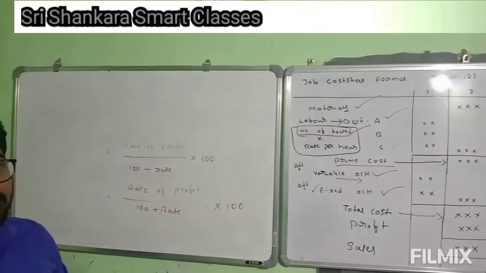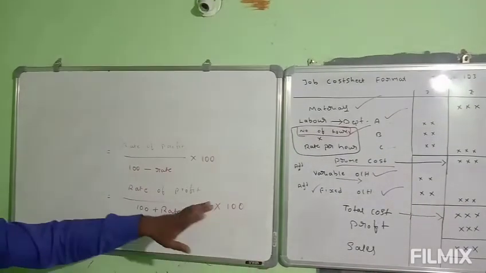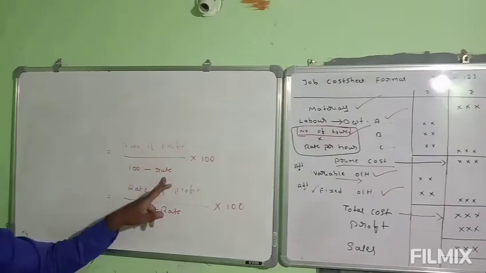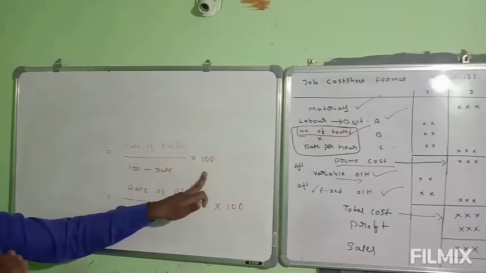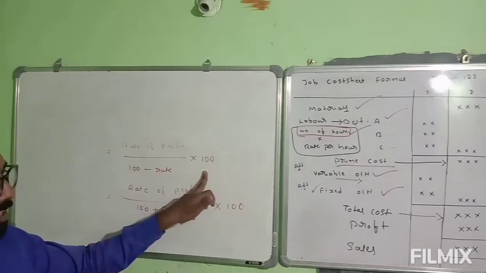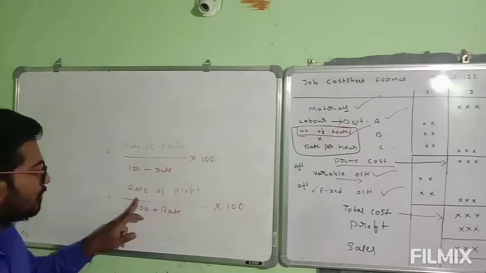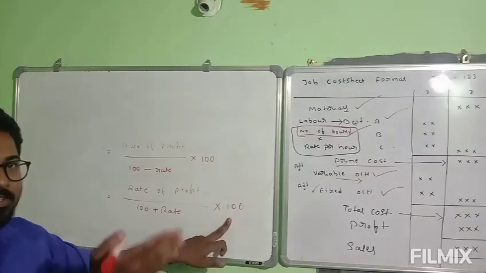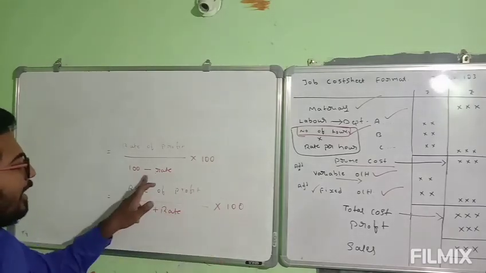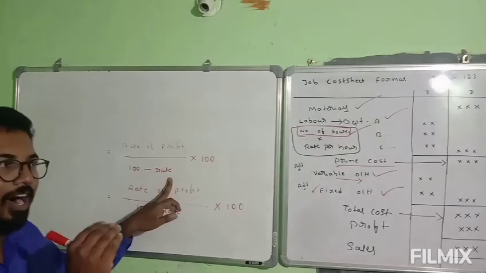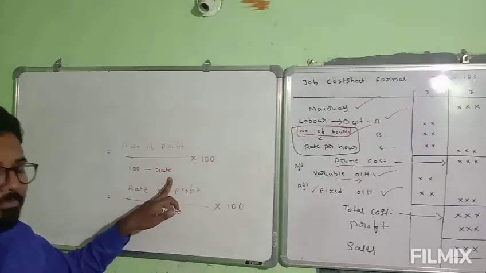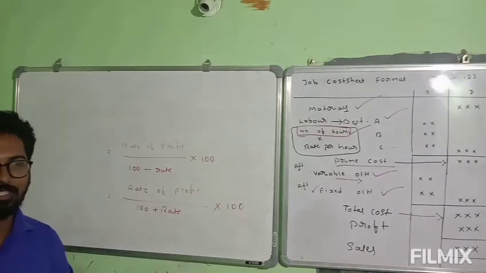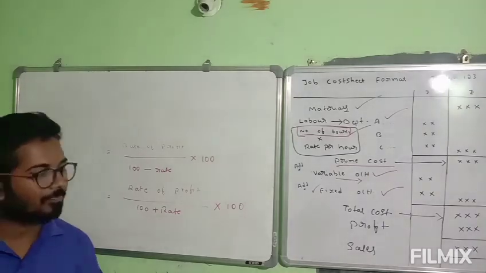Whenever the profit rate is given on sales and we need to convert into on cost, we take rate of profit divided by 100 minus rate into 100. Whenever the profit rate is given on cost and we need on sales, we take rate of profit divided by 100 plus rate into 100. So on sales to on cost, when you are going back, take 100 minus rate. On cost to on sales, when you are going upward, take 100 plus rate. You can find the exact rates of profit. Thank you.